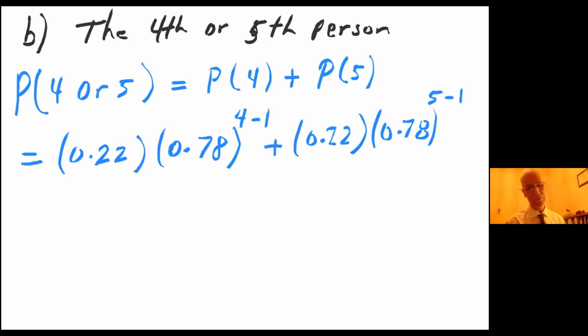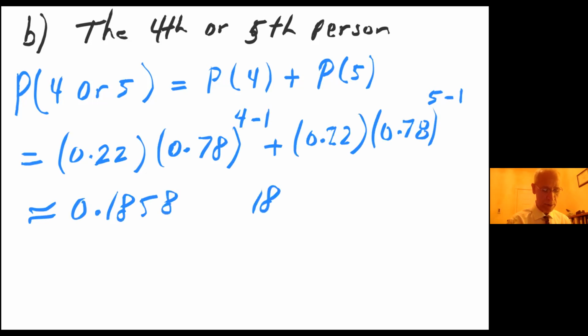Okay, to 4 decimal places on my calculator, that is approximately 0.1858 or 18.58%. So there is an 18.58% chance that the 4th or 5th person had to try to quit 4 times before they were successful.